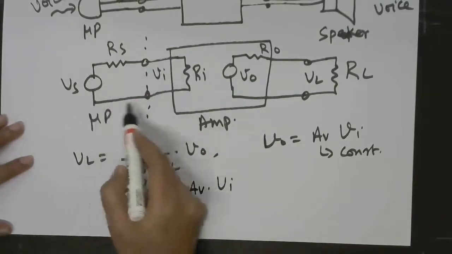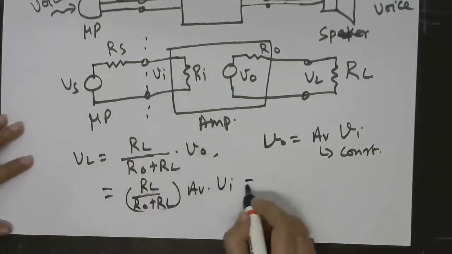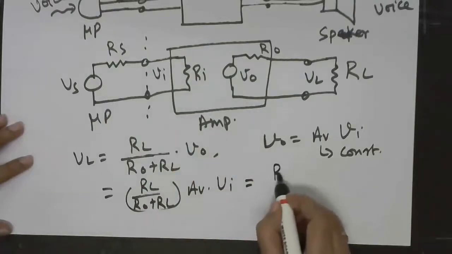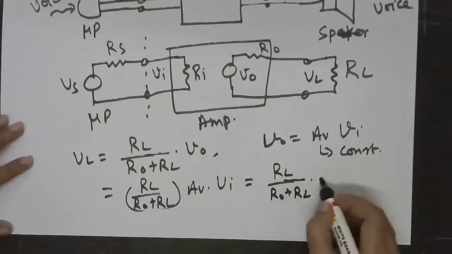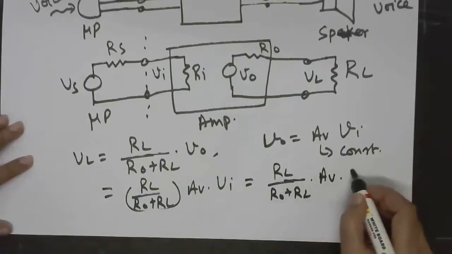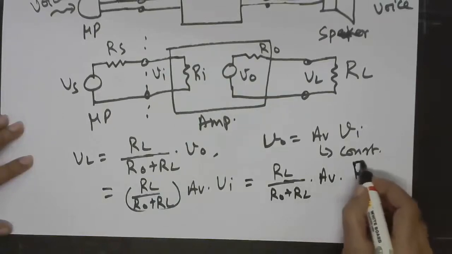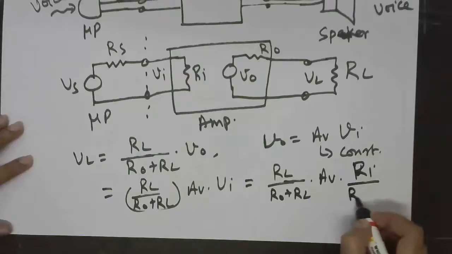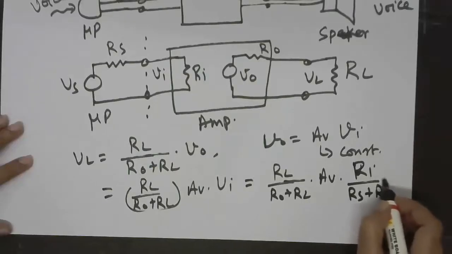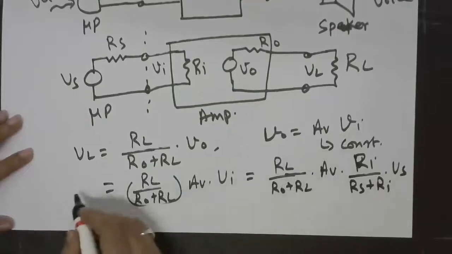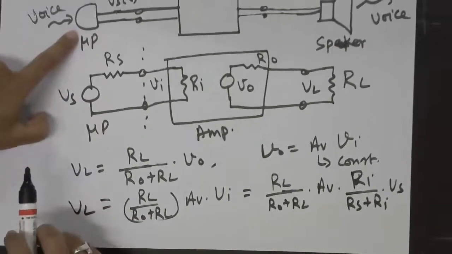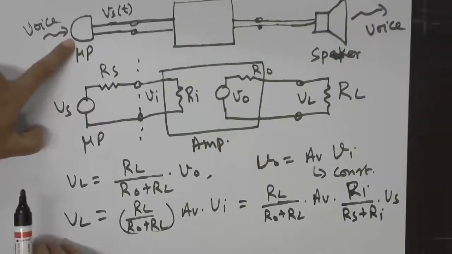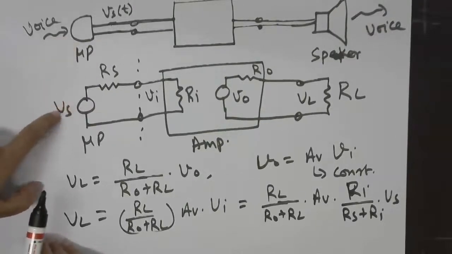Now you can see that in the second loop VI is given by voltage division rule. So that is going to be RL over RO plus RL into AV into RI divided by RS plus RI into VS. So when this microphone senses a voice, a sound, it basically produces this voltage.